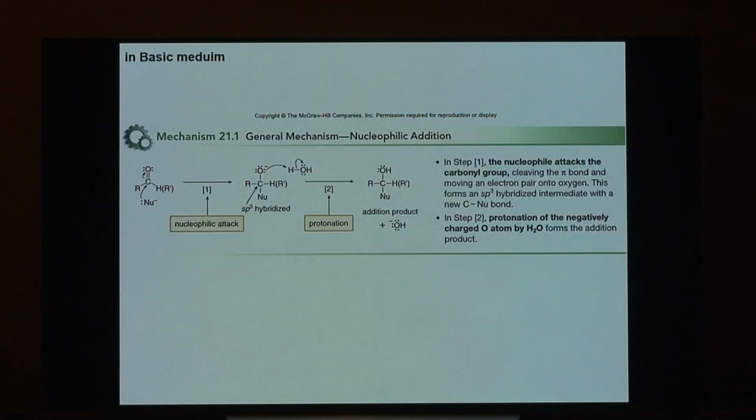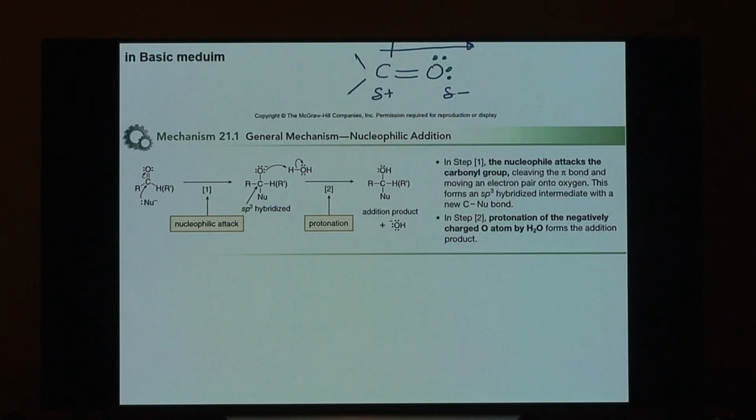Okay? So, first thing you have to consider the direction of polarization, as we talked about for the carbonyl before, and know what is the charge of your carbon, what's the charge of your oxygen. So the carbon is partial positive and the oxygen is partial negative.